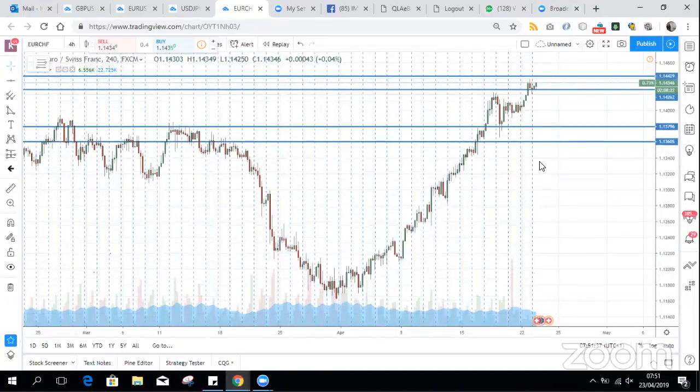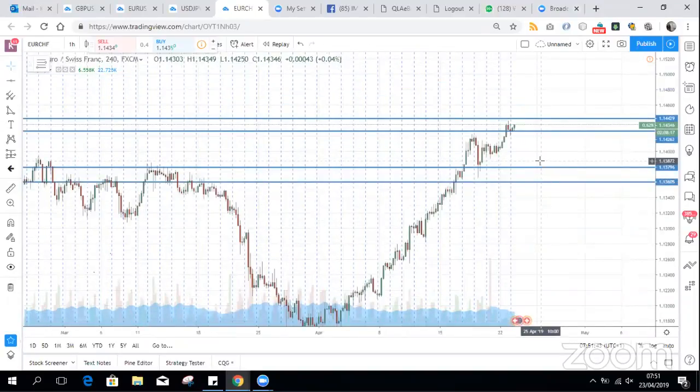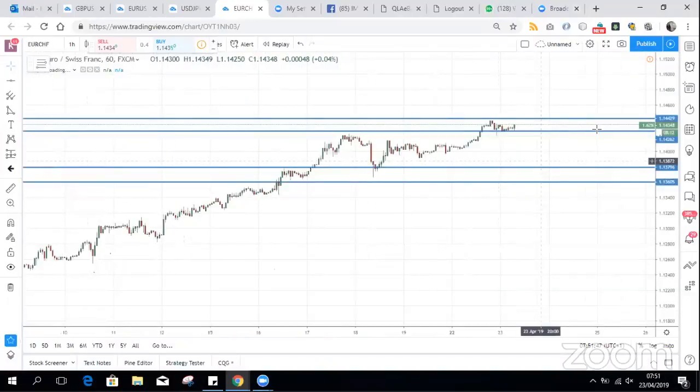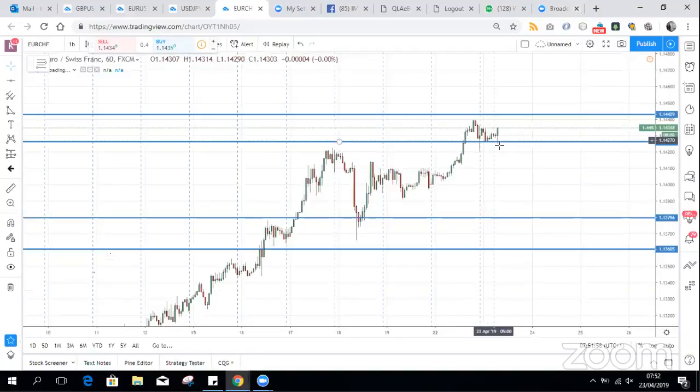If we go into the smaller time frame, let's see. If we were looking at this critically, we maybe would have been tempted to start buying around here with our stop losses low.